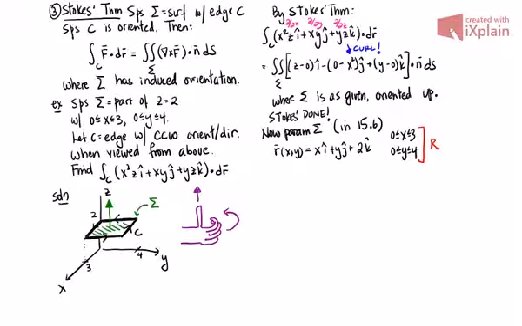We then take the partials. Take the cross product. The cross product is really nice in this case. We get 0i plus 0j plus 1k.